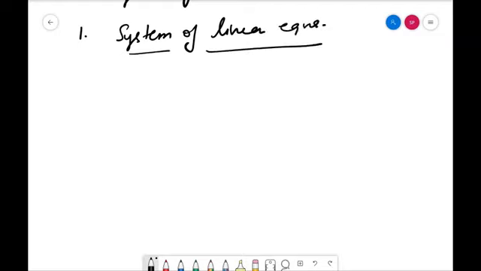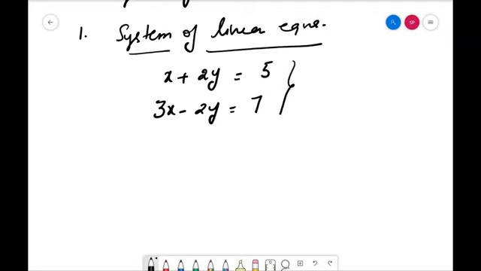In your earlier classes, you would have learned, suppose you are given some equations, x plus 2y is equal to 5, 3x minus 2y is equal to 7. Solve this. So you know different methods of solving these equations. Here you can observe there are two variables x and y.